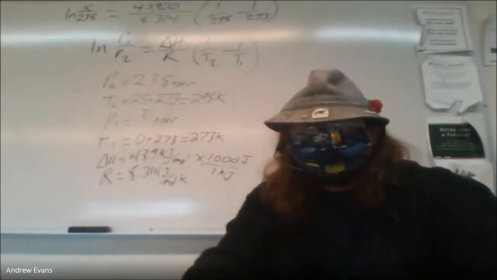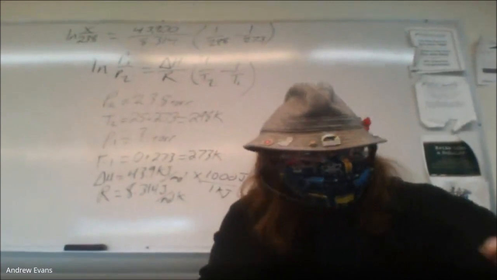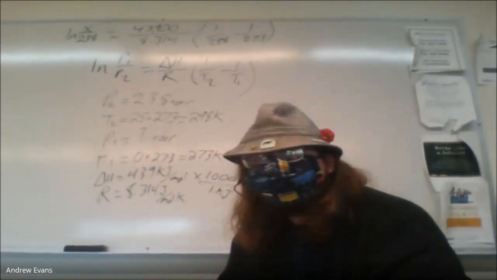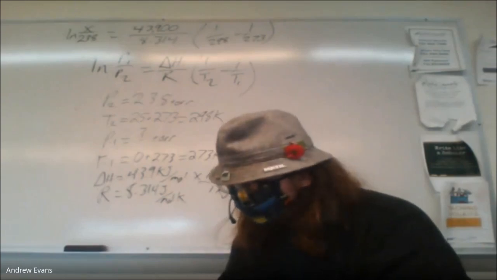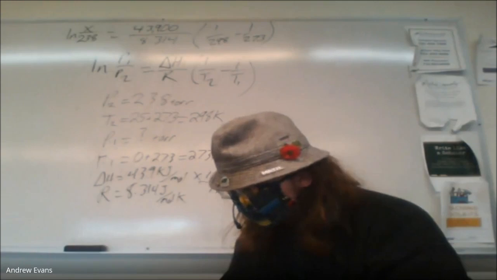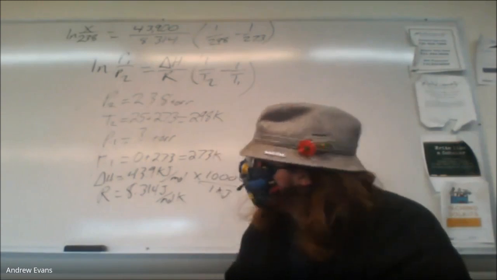I've plugged everything in. Now the trick is to evaluate. If you want to do this slow, that's fine. If you want to do this in parts, that's fine. Not everyone's calculators are amazing, so sometimes you want to take it slow. Start with 1 over 298 minus 1 over 273. That, in fact, gives us a negative number.